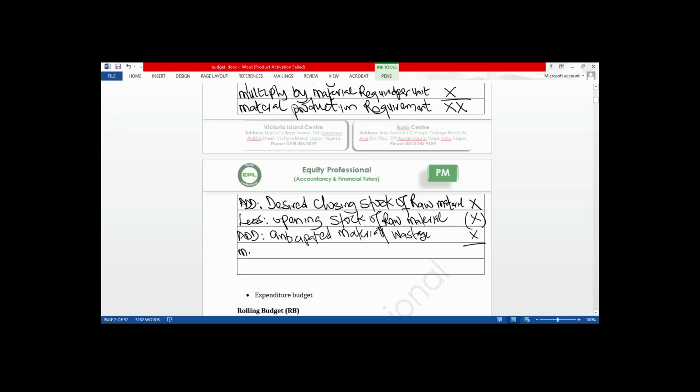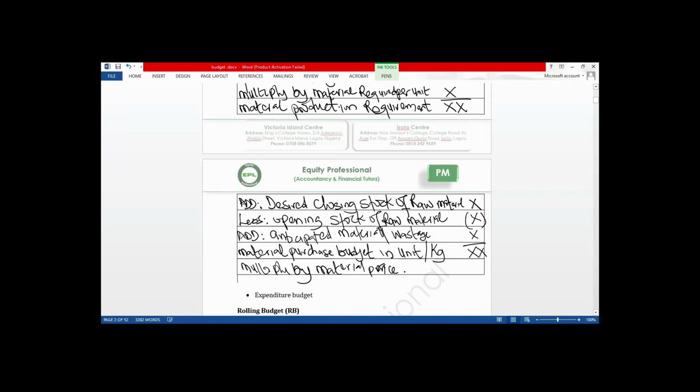This will give you material purchase budget in units or kg. Then you can now multiply by the material price per unit or material price.